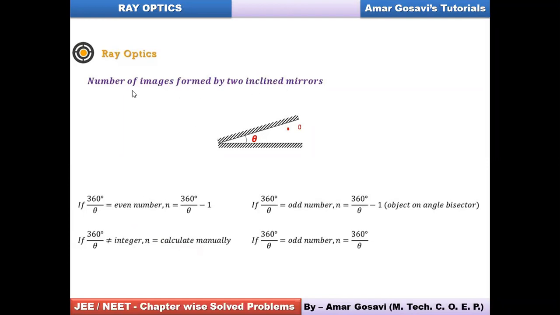Here is a shortcut formula given to you for the number of images formed by two inclined mirrors. Here you can see there are two inclined mirrors, the angle of inclination between the two mirrors is theta, and say some object is placed between them.